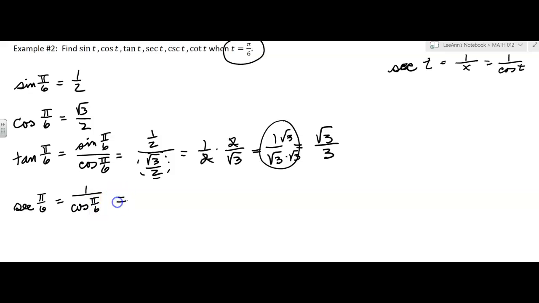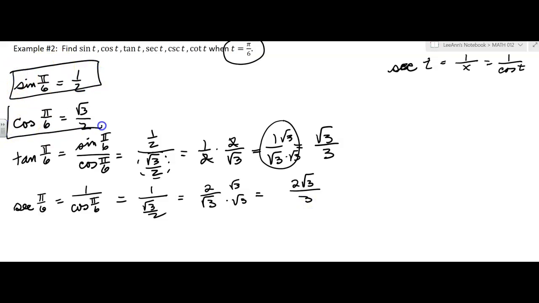But we know the cosine of pi over 6, so it's 1 over the square root of 3 over 2, which is going to be 2 over the square root of 3. And if I rationalize it, I'm going to get 2 times the square root of 3 over 3. Okay? So I've got this one.